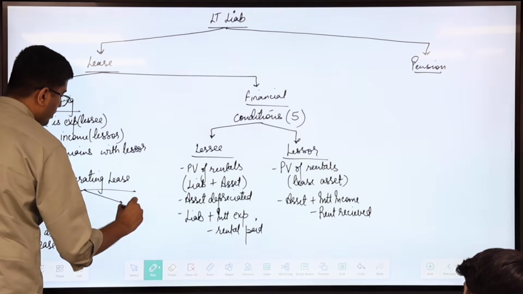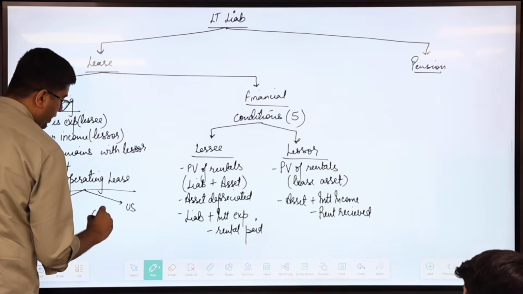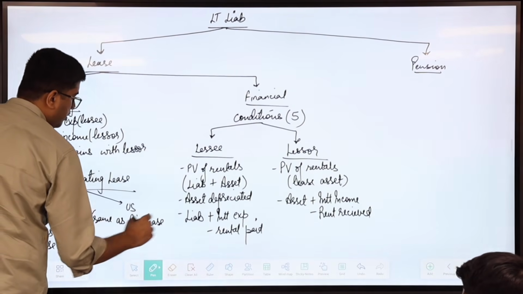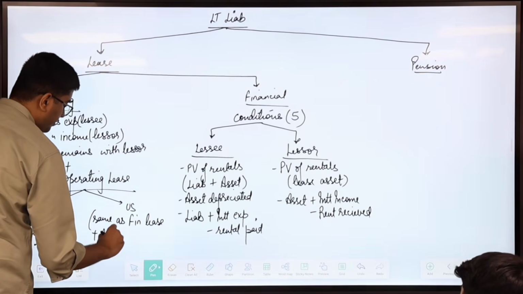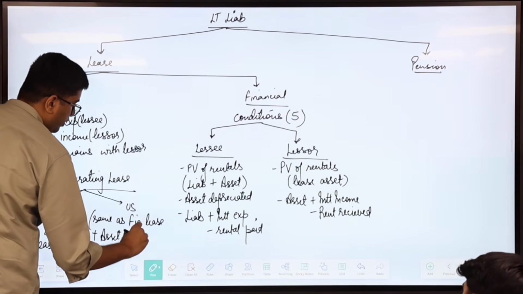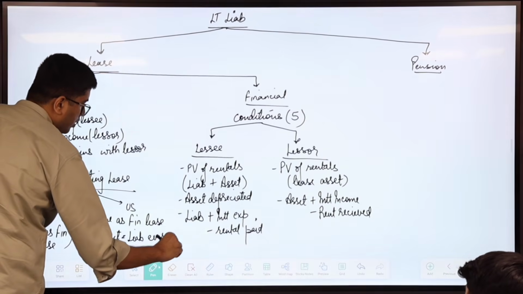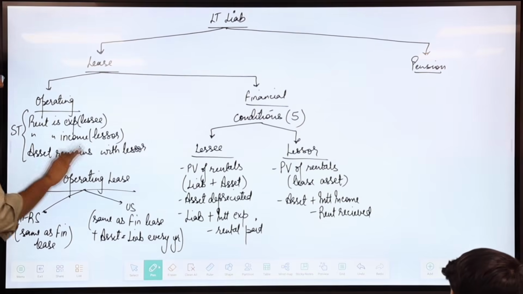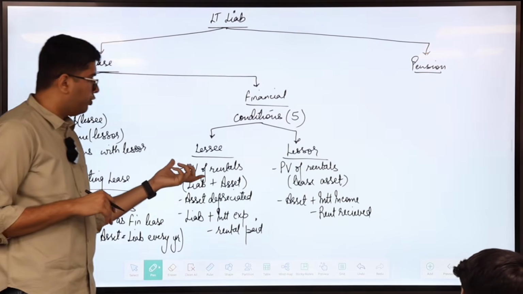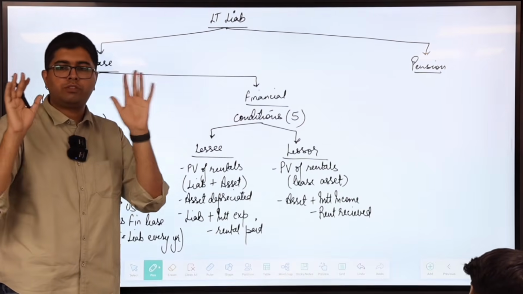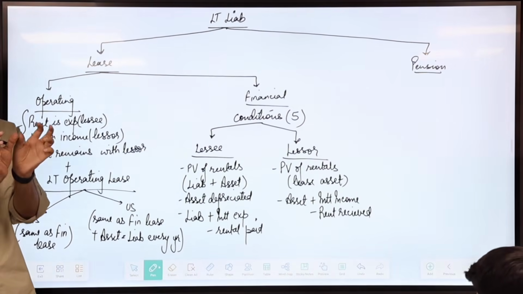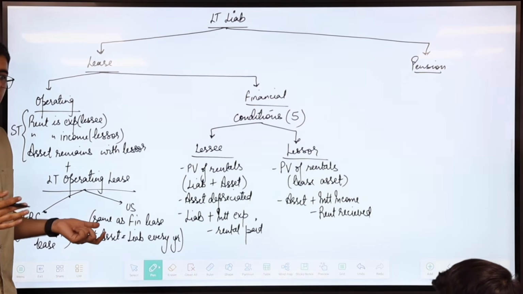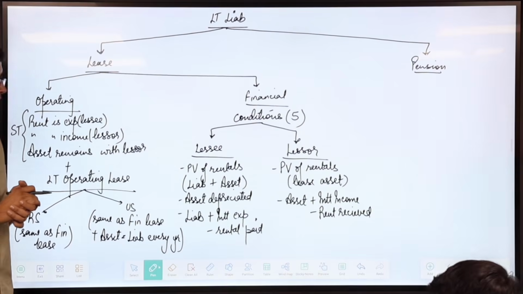US GAAP says same as financial lease plus asset equals to liability every year. So every year the value of depreciation has to be equal to the amount by which your liability is going down. Over here, once you report them at the same amount at the start, then you have choice how you are reporting liability and asset, two independent treatments. But over here, the logic is asset depreciation will always be equivalent to the reduction of liability, right?